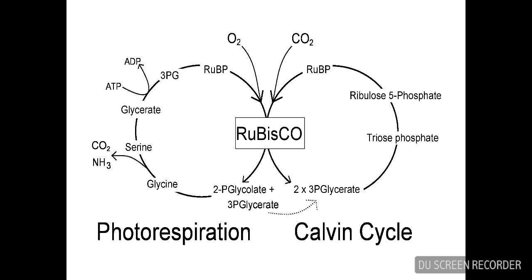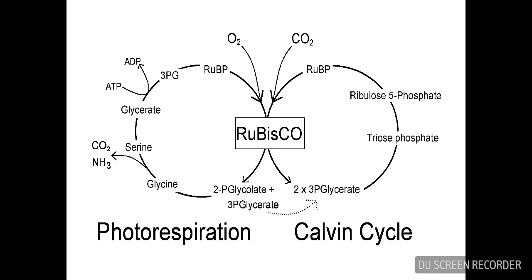So when Rubisco acts as a carboxylase, CO2 is added. Ribulose bisphosphate is converted into 3-phosphoglycerate, which is converted into triose phosphate, also known as glyceraldehyde 3-phosphate. Okay.